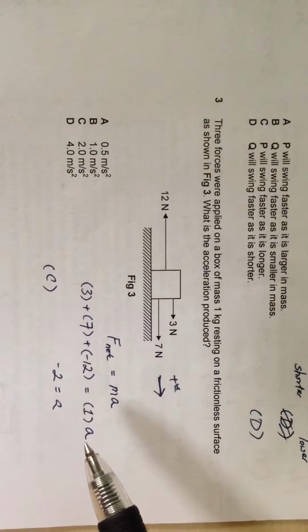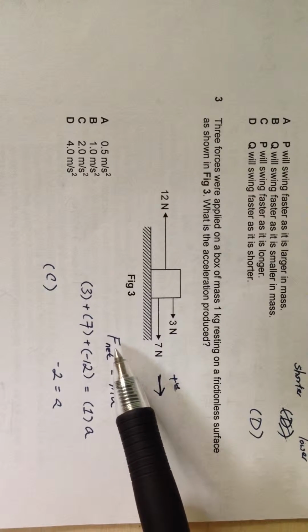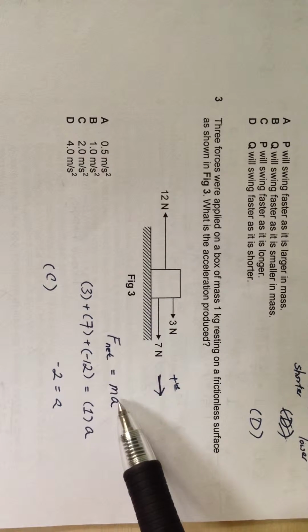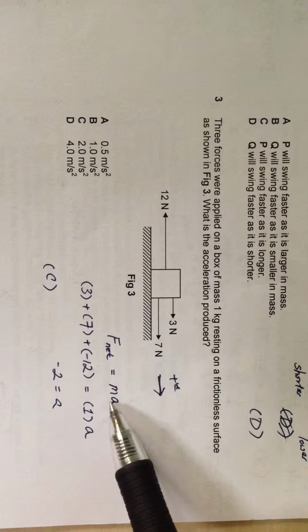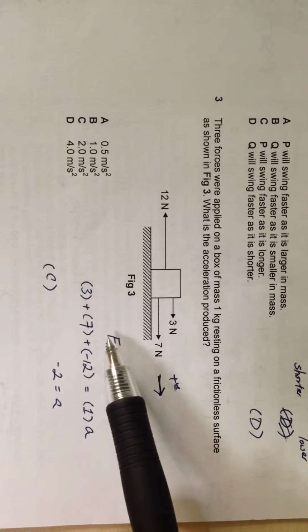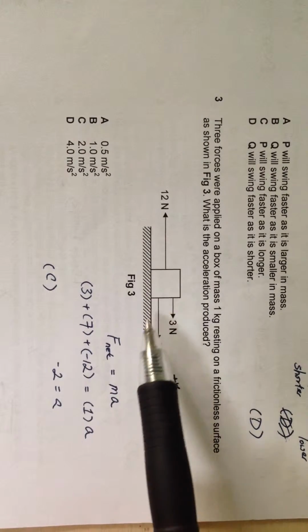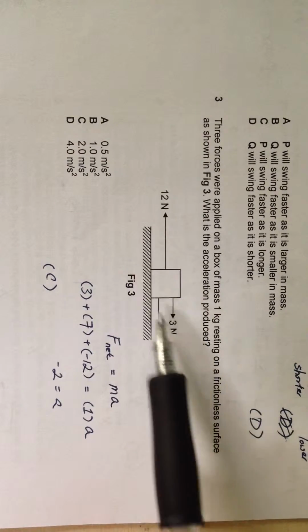Okay, then for question 3, you need to know that the net force is equal to m times a. Using Newton's second law, on the right hand side you are given the mass already. You need to take note that the net force is not a singular force but a summation of these three forces.